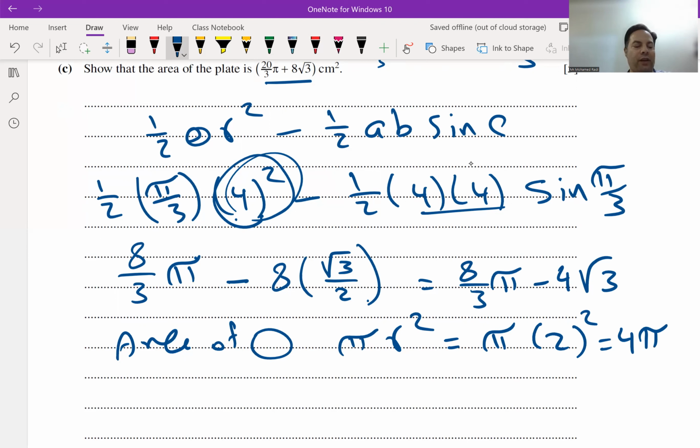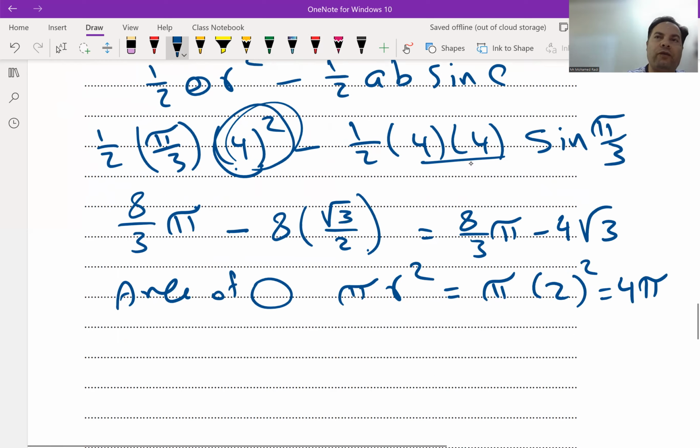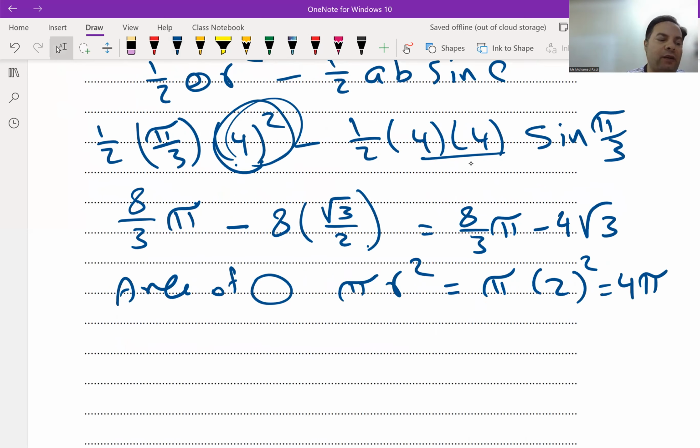Now, find the area of the whole circle minus the area of the segments and the area of the semicircle. So the total area will be area of big circle, pi r squared. But now r is 4. So pi times 4 squared will be 16 pi. This is the area of big circle.